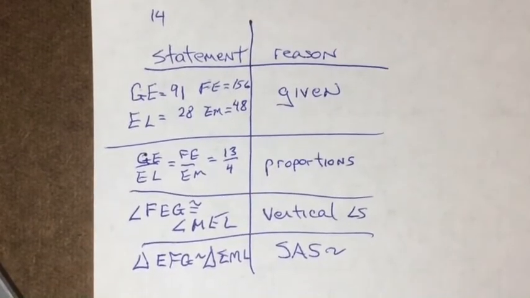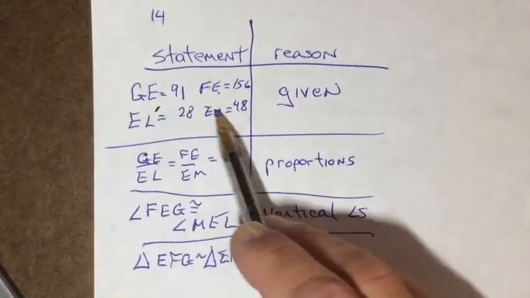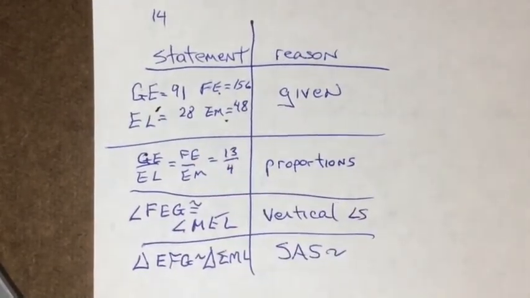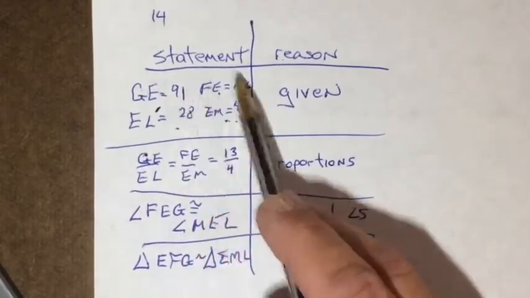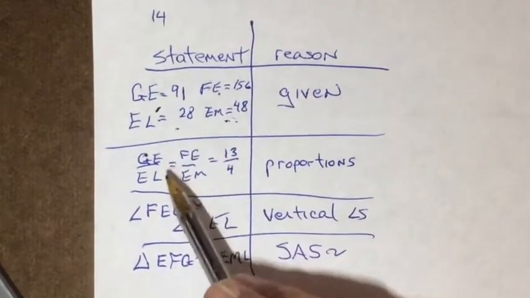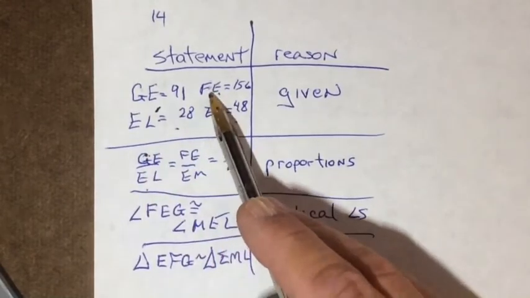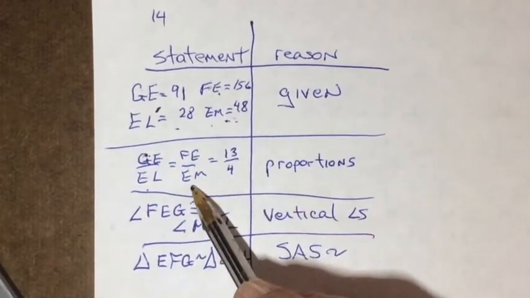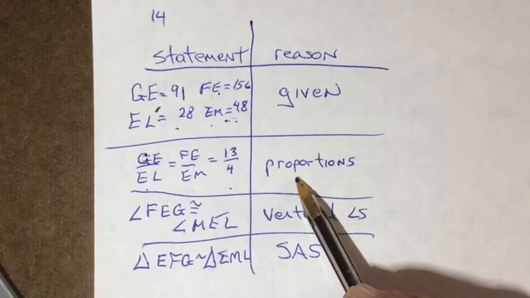If you chose number 14, this was the situation. You had these things that were given. And I wrote them small and large, with one triangle on the top and the other triangle underneath it, so that I could quickly and easily say GE over EL is equal to FE over EM, which was 13 over 4, and that's just proportions.